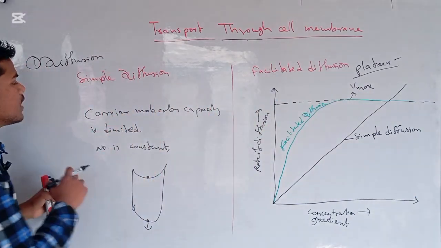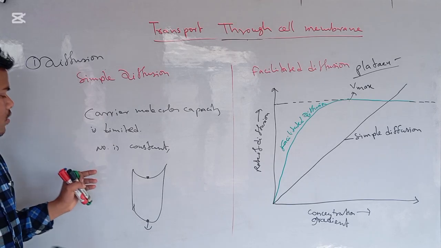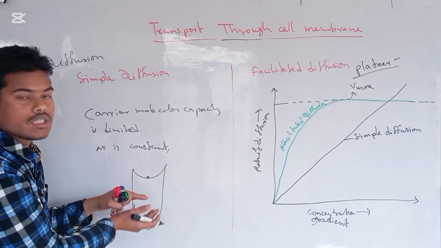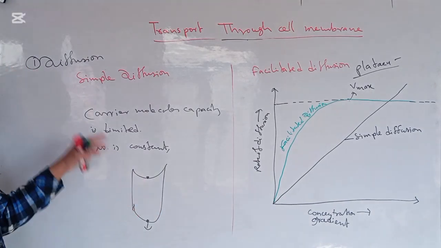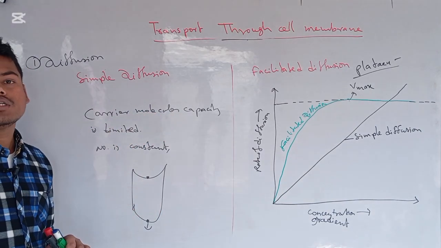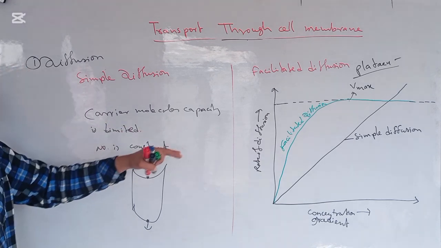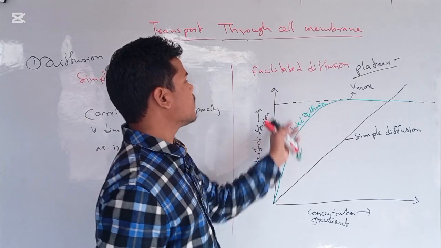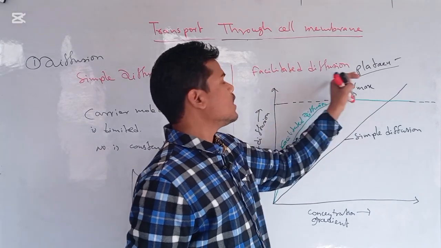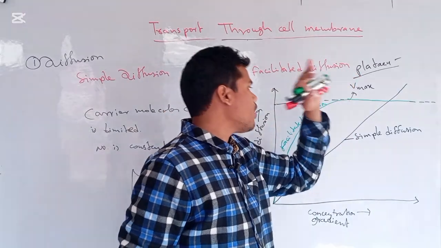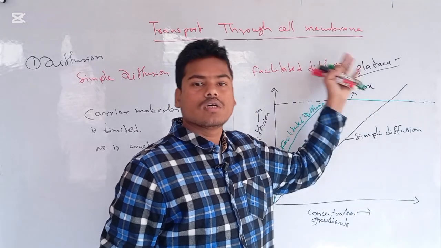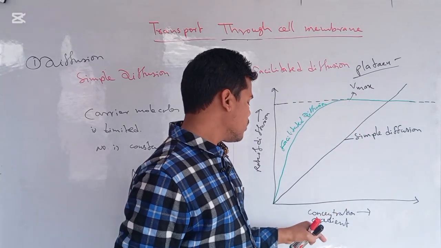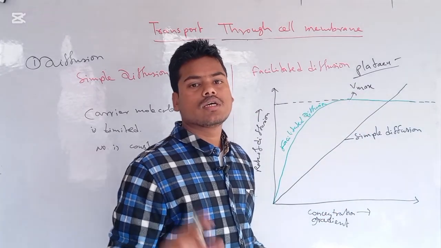So this is the postulated mechanism: the conformational change, loading and unloading, is of limited capacity, and carrier molecules are also limited in number. So this limits its capacity, hence facilitated diffusion, after reaching the maximum velocity, will not increase further even by increasing the concentration gradient.